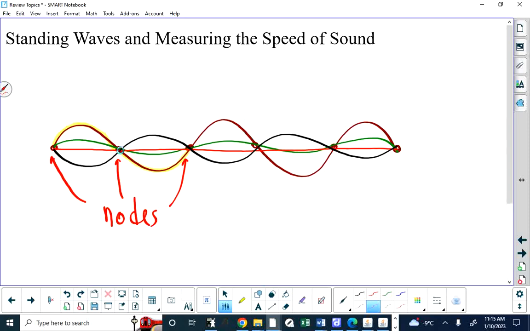On the other hand, these positions are called antinodes. And in a very general sense, you need to understand that that happens because of interference. What happens is the wave travels from one end to the other and reflects, and it's continually bouncing back and forth.